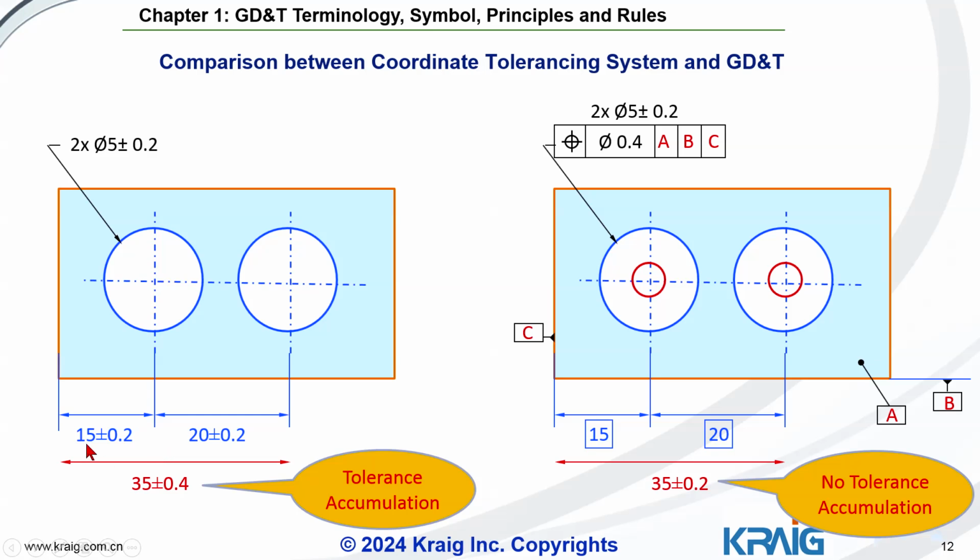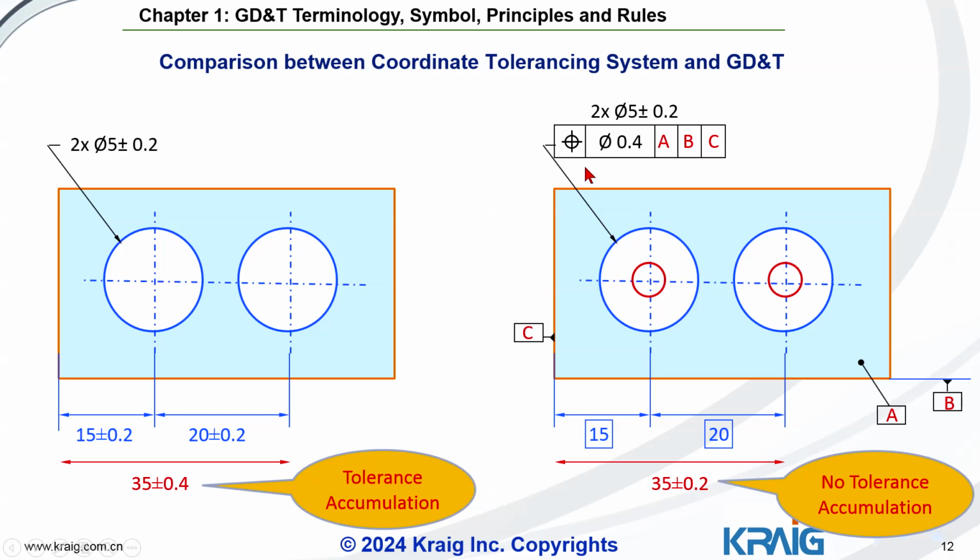For example, here 15 plus minus 0.2, 20 plus minus 0.2, and the total from here to here will be 35 plus minus 0.4. That's accumulation. Just imagine you have 6, 7, 8, 9 holes, then the accumulated tolerance will be big.